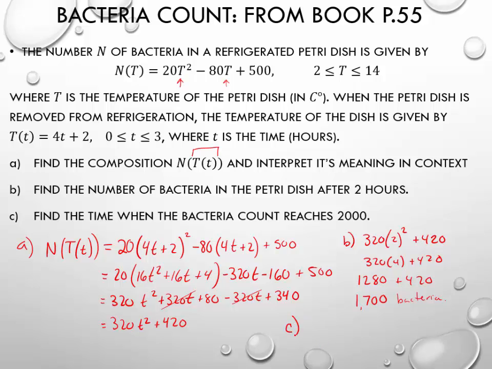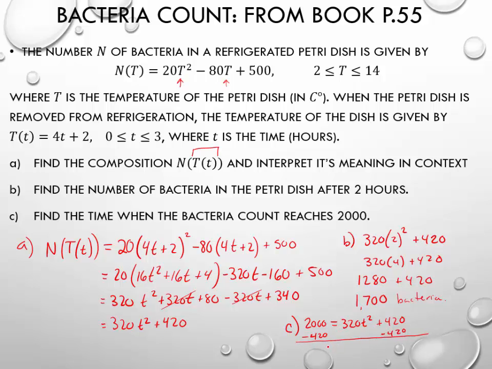C. Find the time when the bacteria count reaches 2,000. We have 2,000 equals, because that's what the number of bacteria are, 320t squared plus 420. We are going to subtract 420 from both sides. We will probably need a calculator at some point.